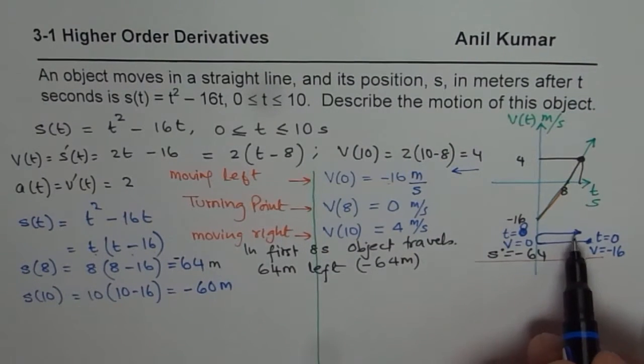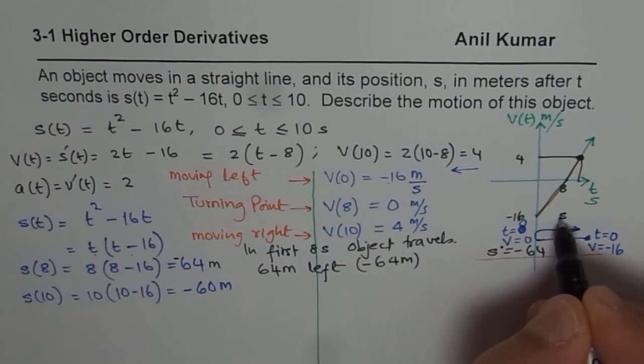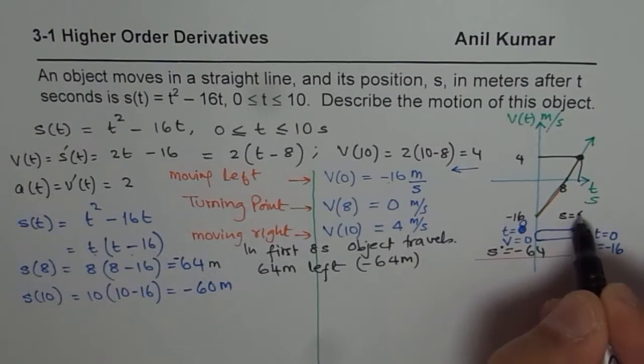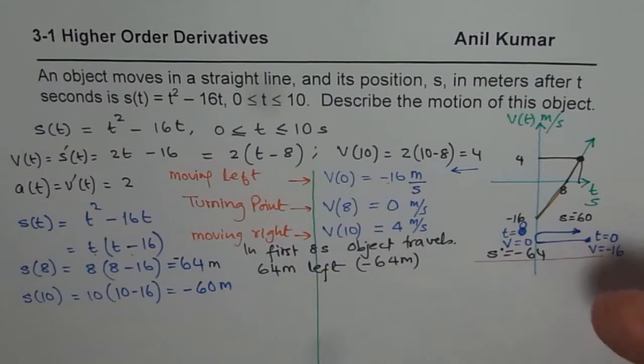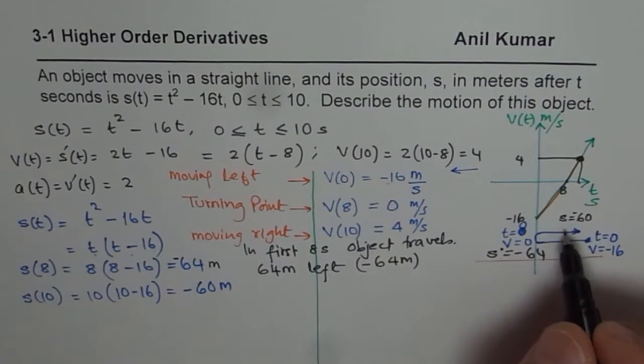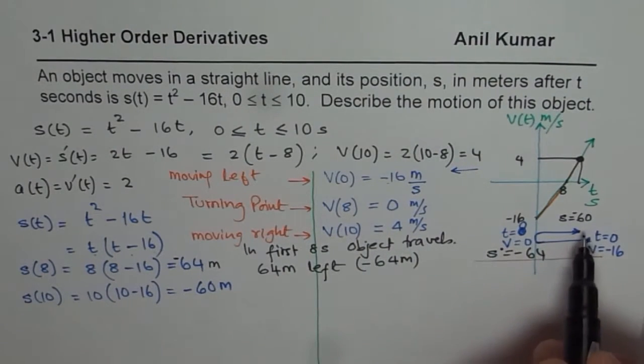The displacement at this time is 60. It's still negative, so the object is still on the left side of where it started, correct? And at that time, the velocity is 4 meters per second.